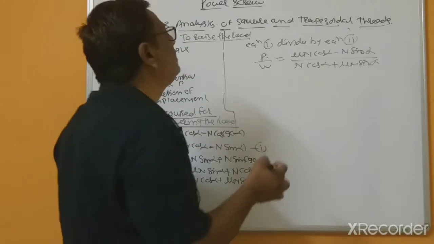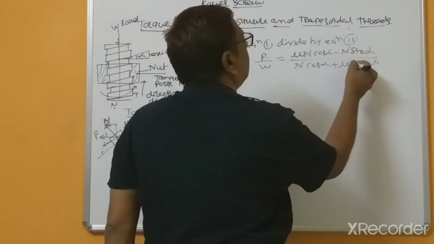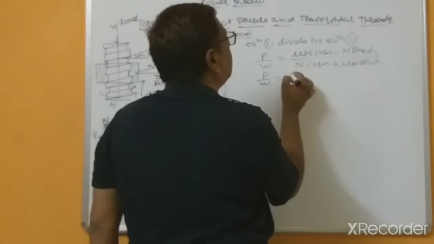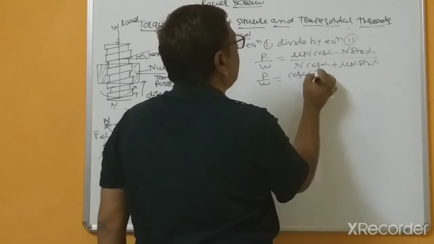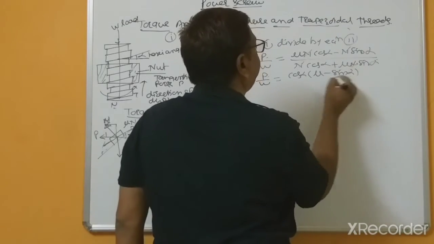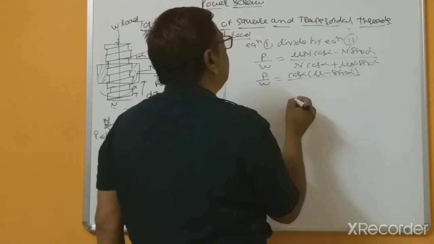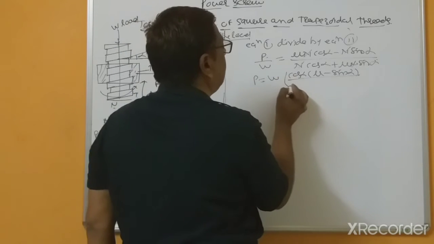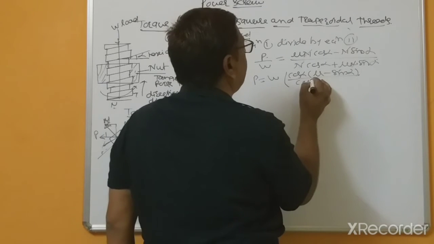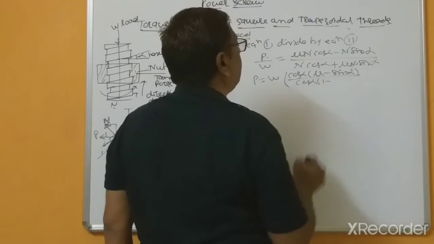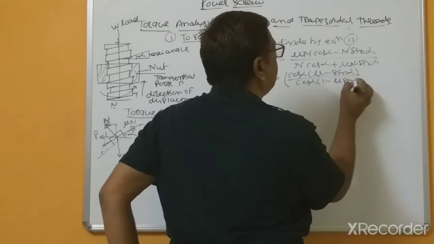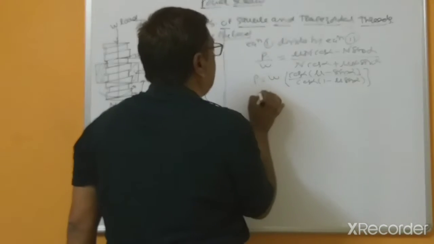Now take common, or this N is cancelled, and we get P by W equal to cos alpha common, mu minus sin alpha, divided by, or otherwise we can write P equal to W cos alpha, 1 minus mu sin alpha.